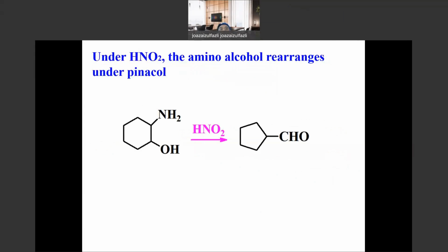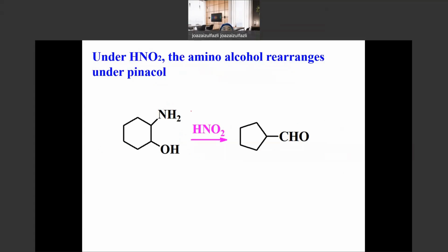And then for this one, under nitrous acid, the amino alcohol also rearranges, under the pinacol rearrangement. It's the same concept, but in this case it's not a diol, it's an amino alcohol.